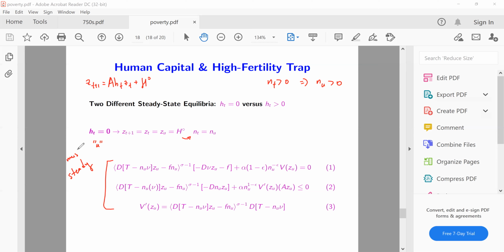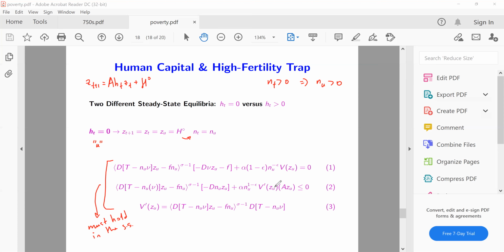So these must be true, these must hold in the steady state. So I replace fertility, I replace ZU. Now, since HT is equal to 0, I am at the corner solution. So this inequality is there.